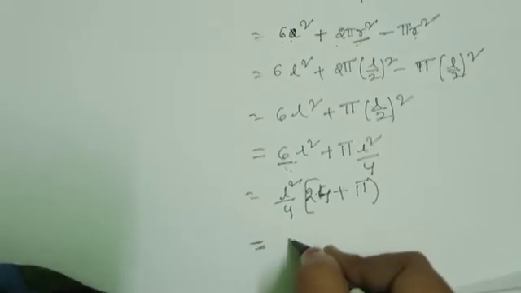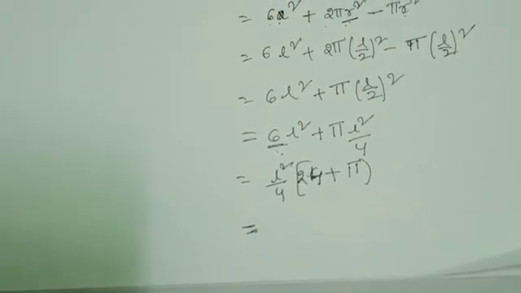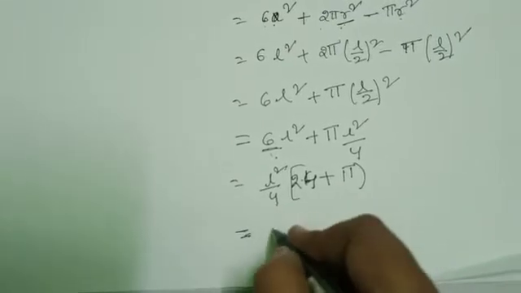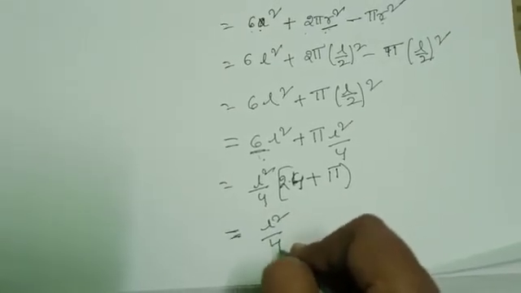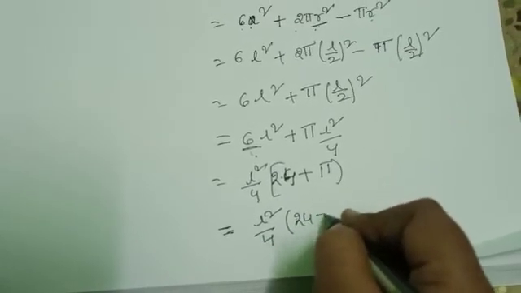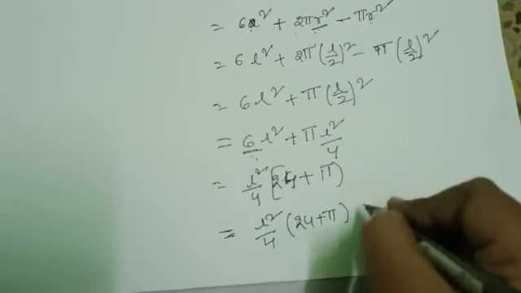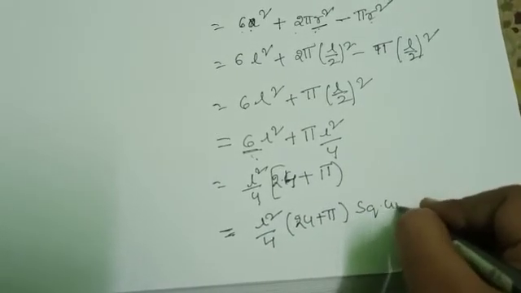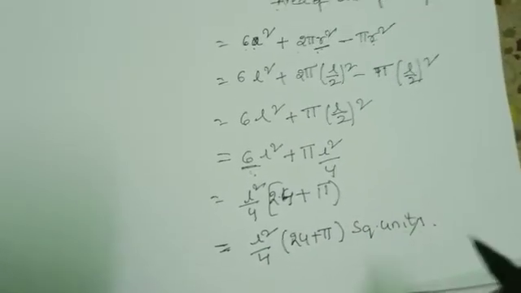Therefore, the surface area of the remaining solid equals L square by 4 into (24 plus pi) square units. Clear?